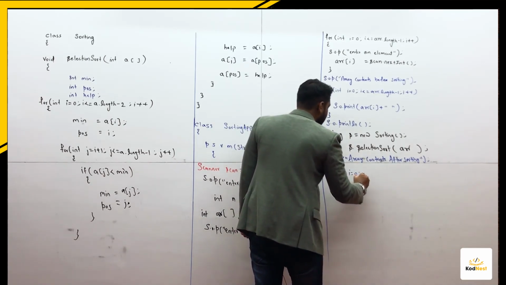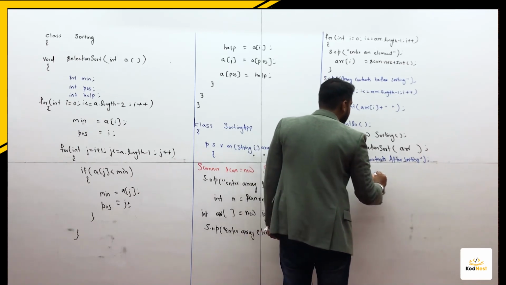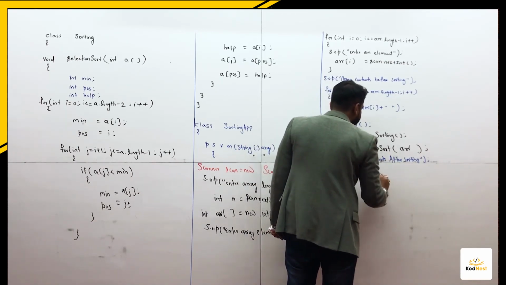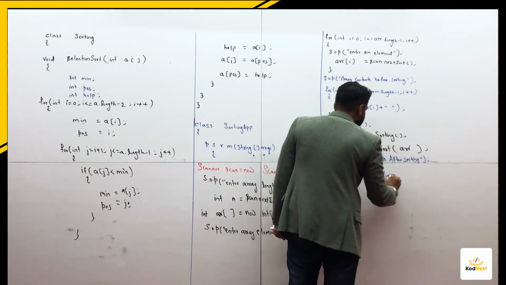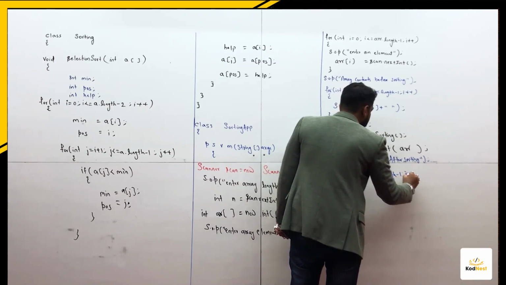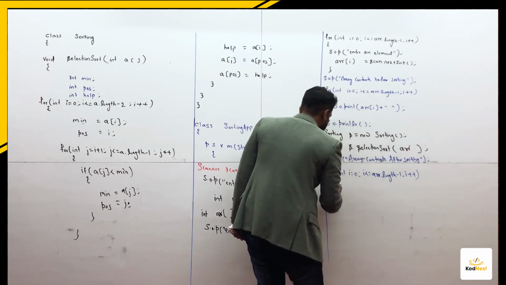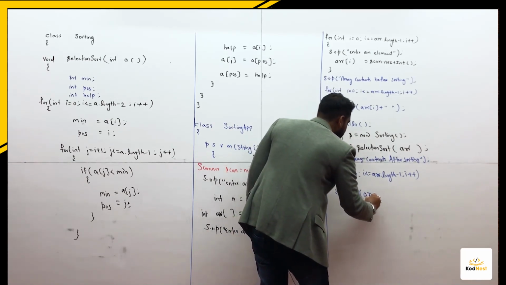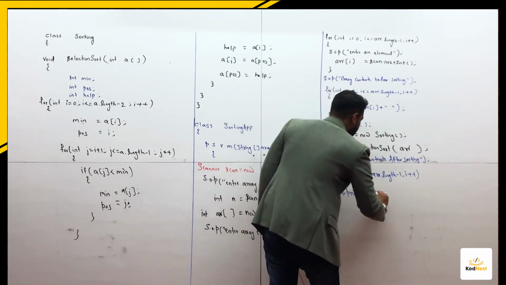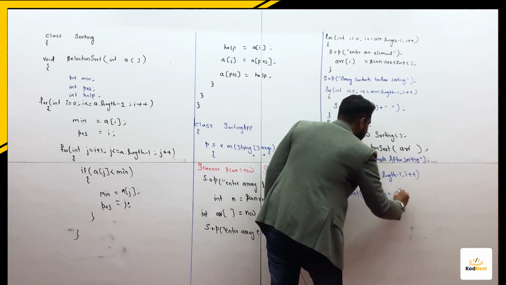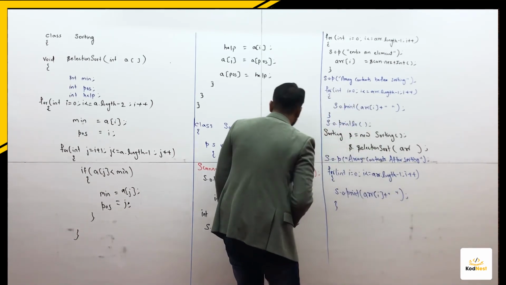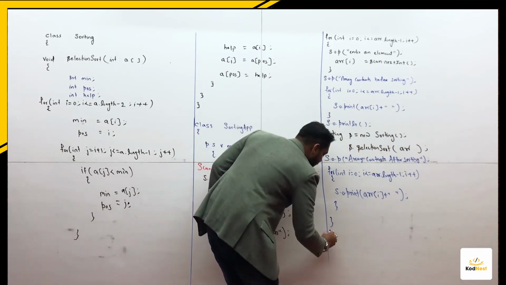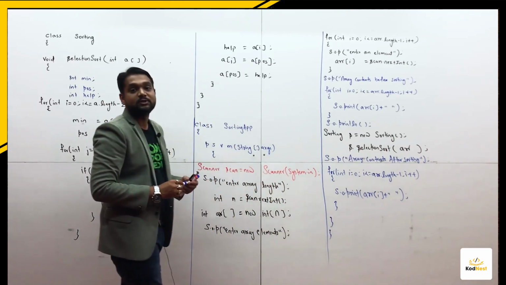Start printing the array from the 0th index, go until arr.length - 1, i plus plus. Every time, System.out.print what to print: whatever is there in arr of i plus one space. This is the closing of the for, the closing of the main method, the closing of the class. Work is over.